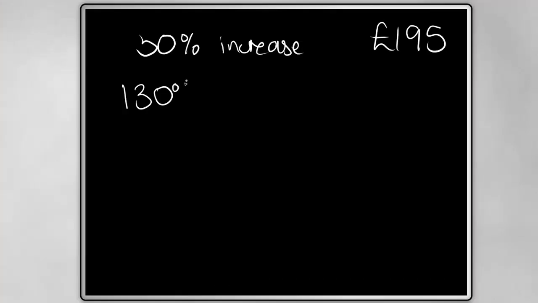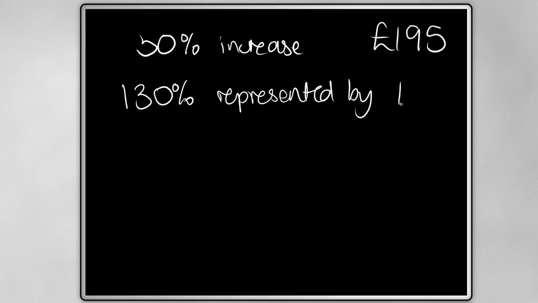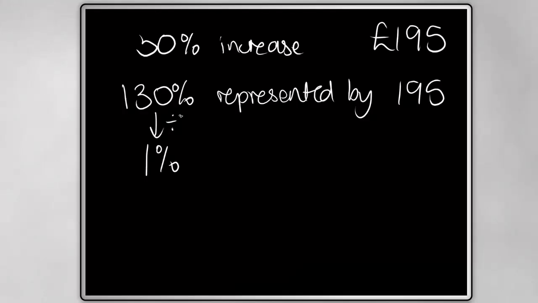So I'm going to now say that if it's been increased by 30%, that's now 130%. And that is represented by £195. Because I know what 130% is, I can find what 1% is by dividing by 130.